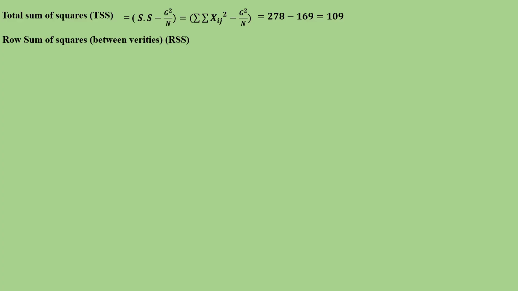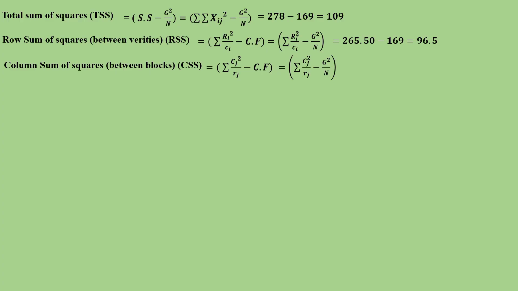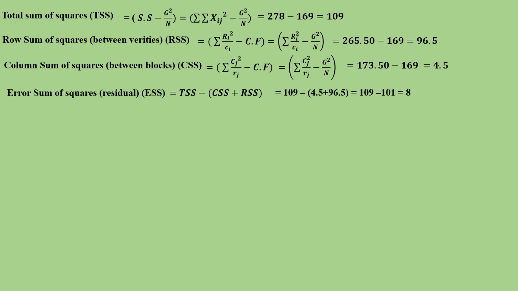Row sum of squares: summation Ri square by Ci minus correction factor is 96.5. Then column sum of squares: summation Cj square by Rj minus CF, 173.50 minus 169, is 4.5. Error sum of squares: TSS minus CSS plus RSS, that is equal to 8.